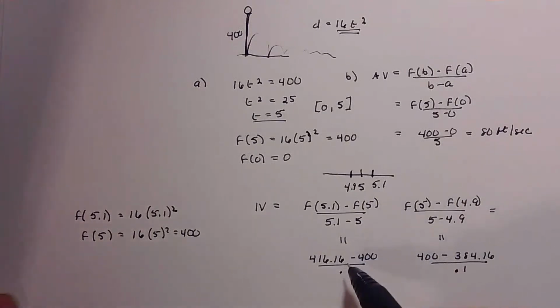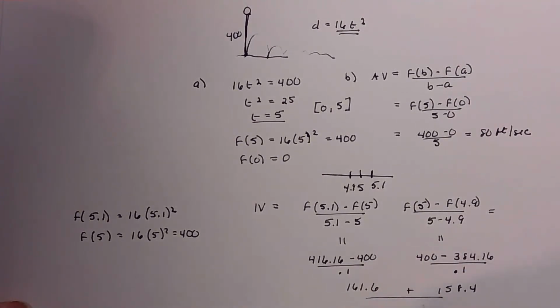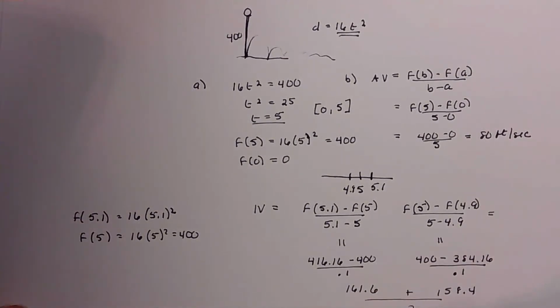So here we're going to have 416.16 minus 400 divided by 0.1 is 161.6. Over here, we're going to have 400 minus 384.16 divided by 0.1, which is 158.4. And now if I add those two up and divide by 2, I'm going to get 160 feet per second.